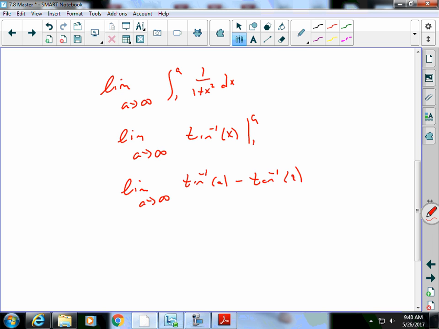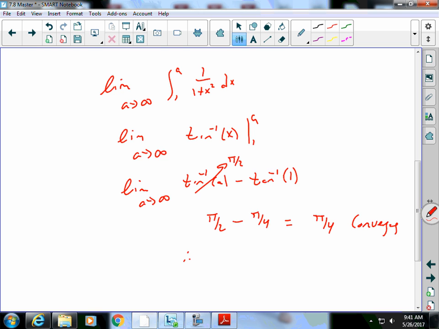Well, the arctan of a, as a goes to infinity, approaches pi over 2. And what I want to subtract from it, well, when does tangent equal 1? We're looking at arctan, so it's going to be from minus pi over 2 to pi over 2. That happens at pi over 4. Remember, we have to remember the interval for arctan. It's from minus pi over 2 to pi over 2. So I have that, and I get pi over 4. That converges.